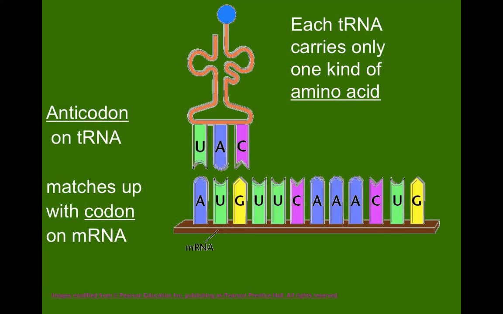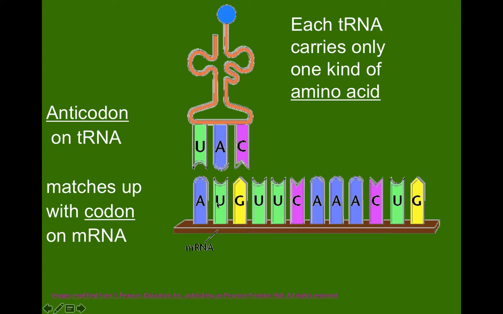If we take a look at what actually happens inside the ribosome, we have the messenger RNA and we have to line up the tRNA. The tRNA has an anticodon, so it's the base pairing rule here. A pairs up with U, U with A, G with C. And so we know that this tRNA with this amino acid needs to come next.